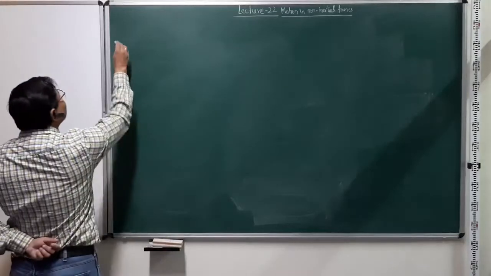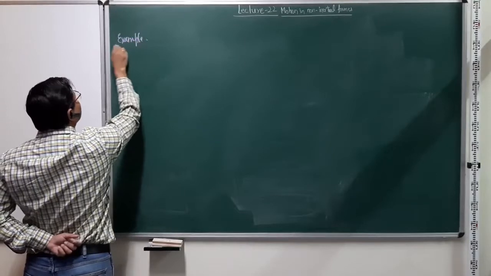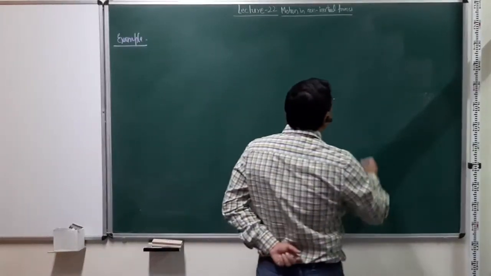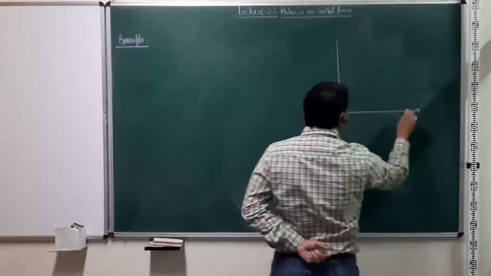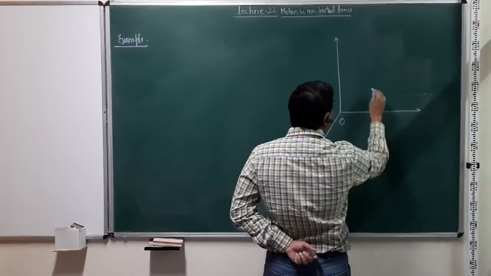So let's take this example. The example basically says that, let us say we again have an inertial reference frame O, right?